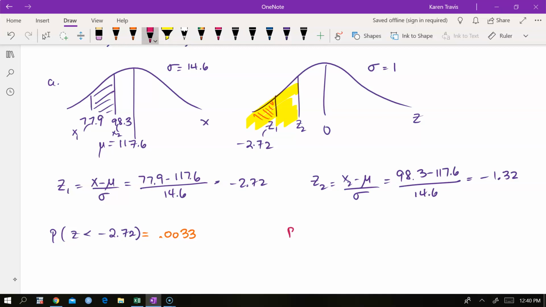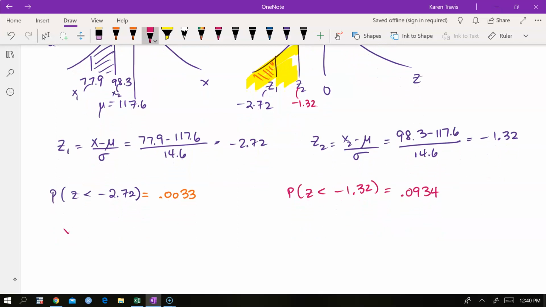So I need the chance that z is below negative 1.32. Negative 1.32 is equal to 0.0934. And since I need the area in between those two, I'm going to use the yellow and subtract the orange.